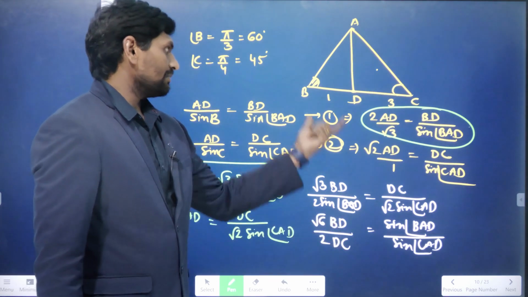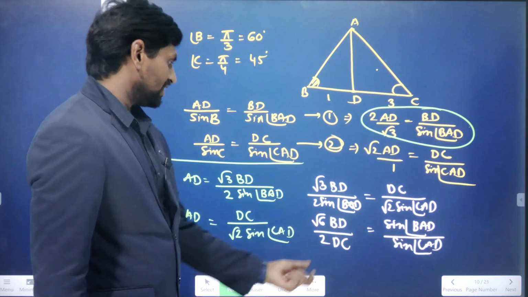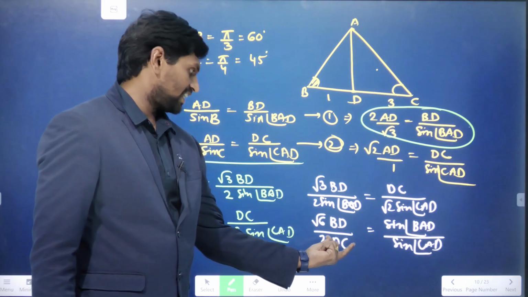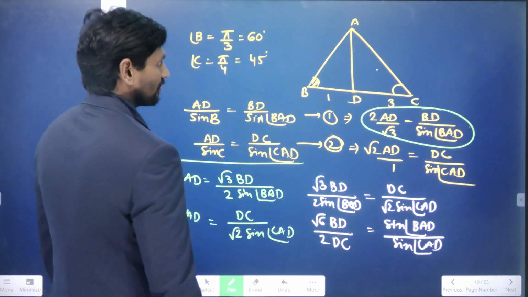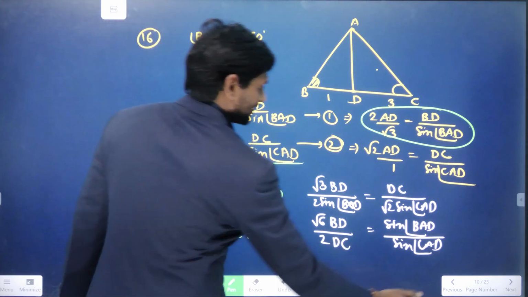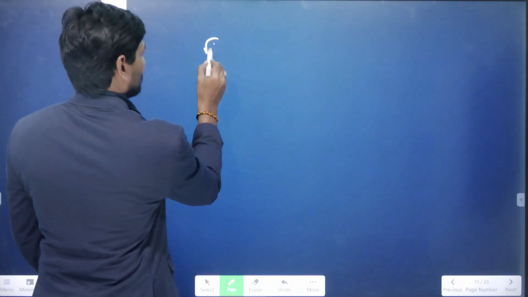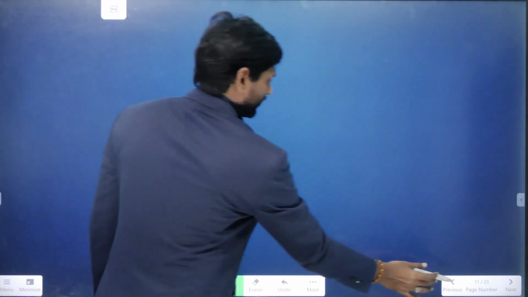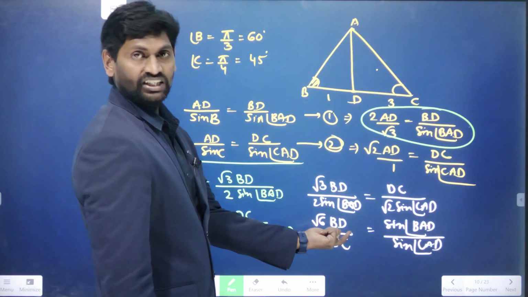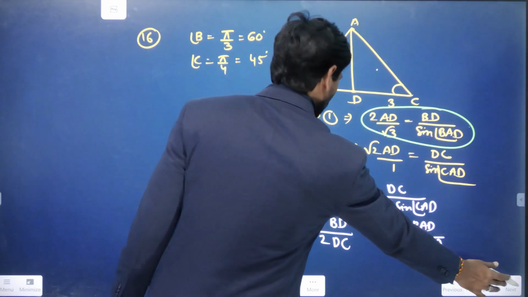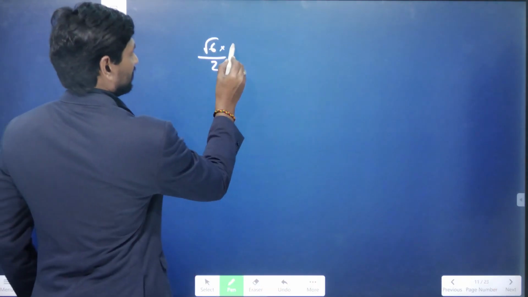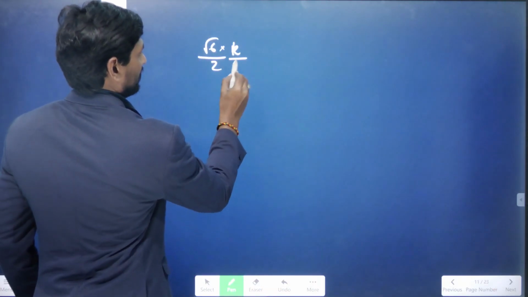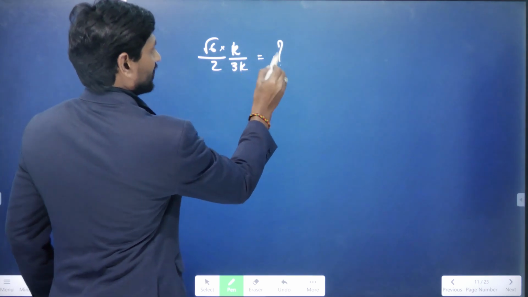But BD and DC are in the ratio 1:3. In the place of BD I can write K, in the place of DC I can write 3K. So root 6 by 2 into K by 3K. This is our required answer.